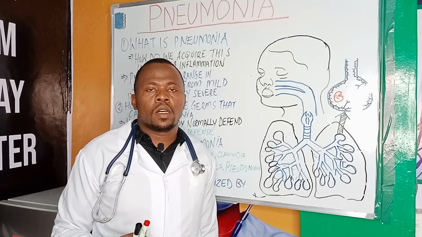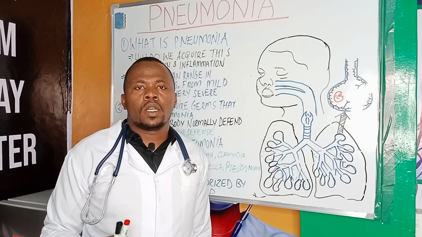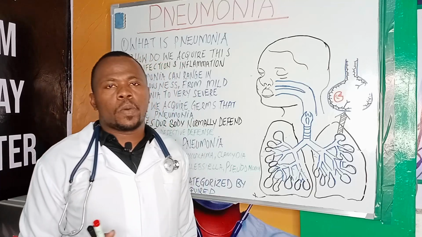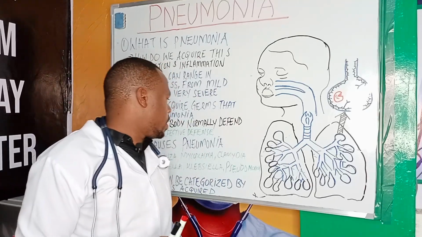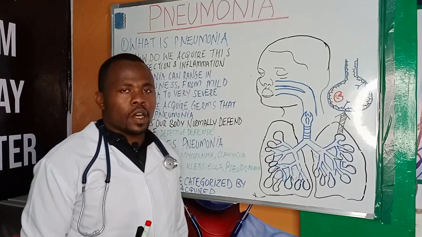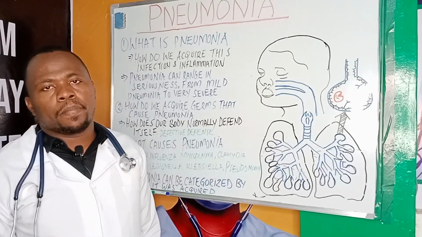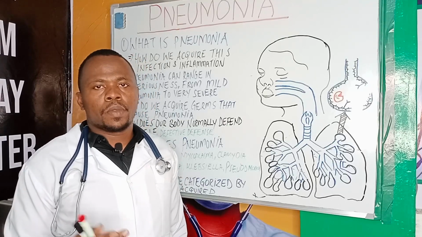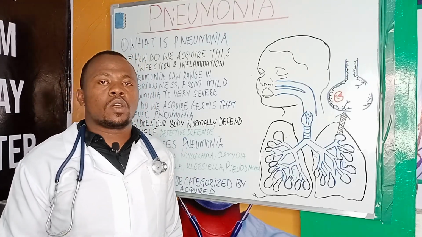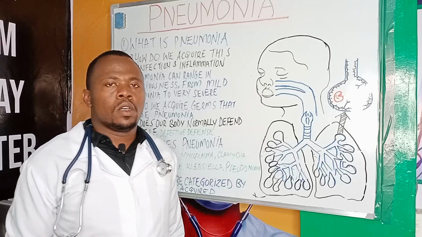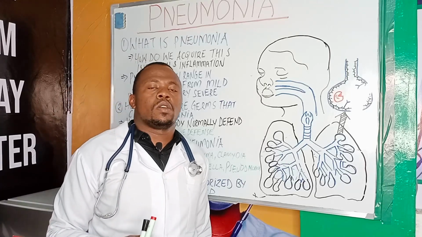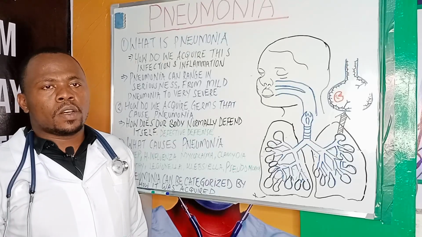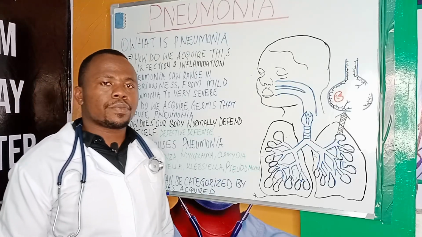Klebsiella is a bacteria that usually causes pneumonia in chronic alcoholics, those people who drink alcohol in excess. We also have other bacteria like Mycoplasma. Mycoplasma is a very unique germ that usually causes atypical pneumonia in college students. Other bacteria that may cause pneumonia include Moraxella catarrhalis.